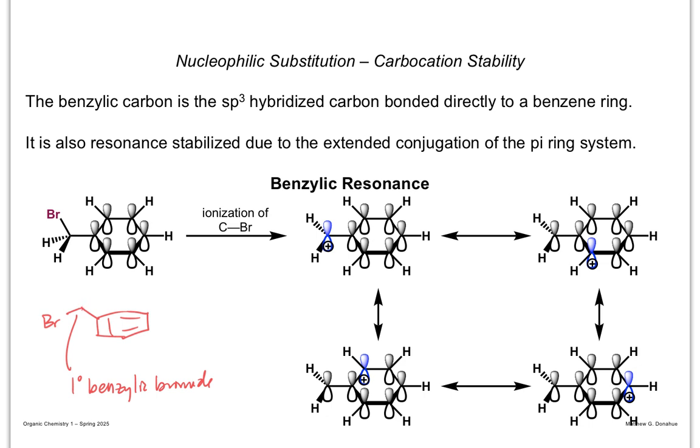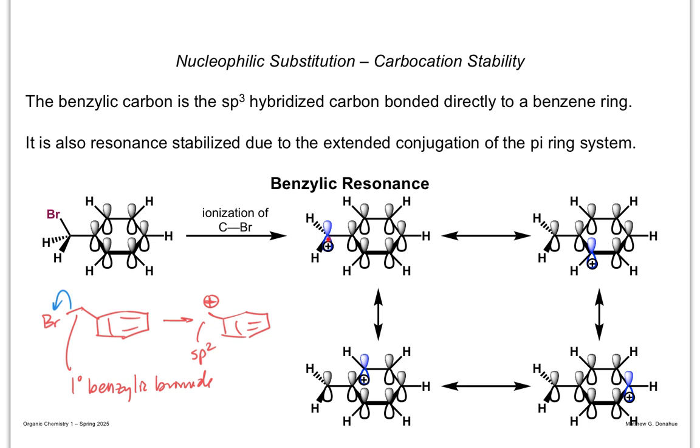The same resonance stabilization can happen with benzylic substrates. So this bond ionizes. That carbon atom is now sp2 hybridized. So that's indicated by the blue p orbital. So we see it up here.